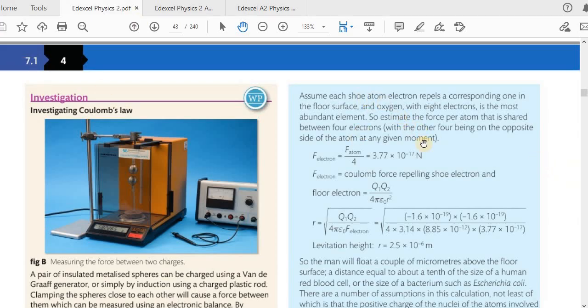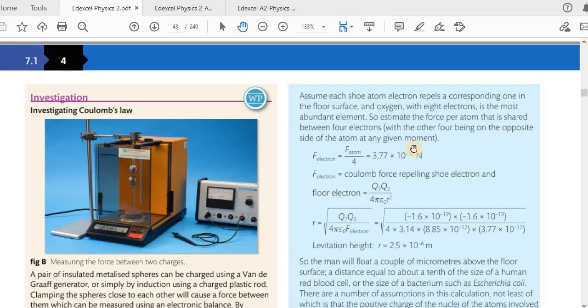However, here they already tell us, assume each atom electron repels a corresponding one in the floor surface, and oxygen with 8 electrons. So atomic number 8 means it has 8 protons and 8 electrons, 2 in the first shell, 6 in the second shell, is the most abundant element. So estimate the force per atom that is shared between 4 electrons, with the other 4 being on the opposite side of the atom at any given time.